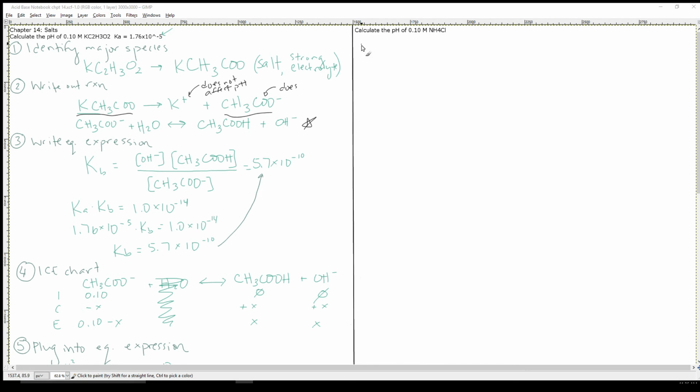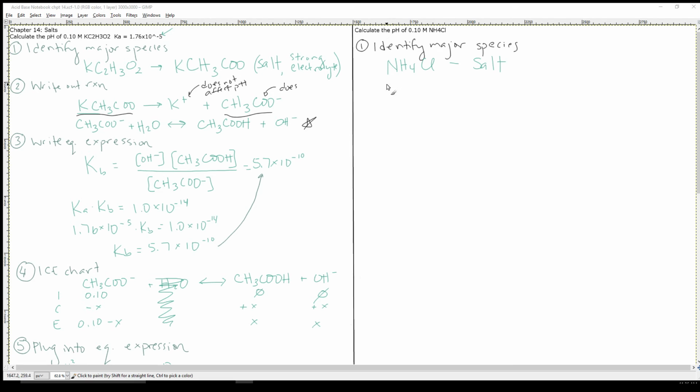Okay, there. Step 1 will be, as usual, identify major species. So here we have ammonium chloride. And we know that this is a salt.